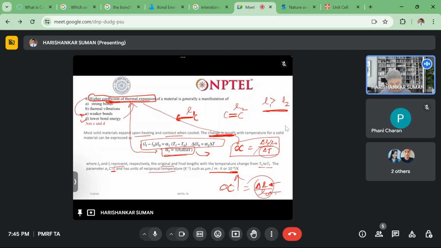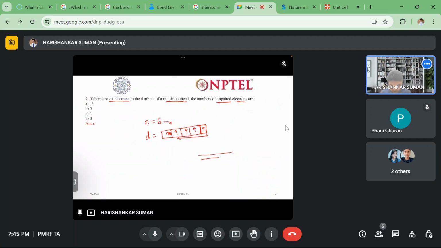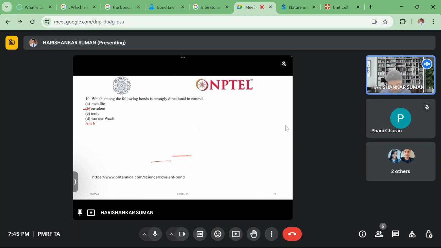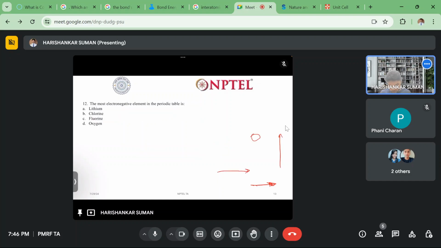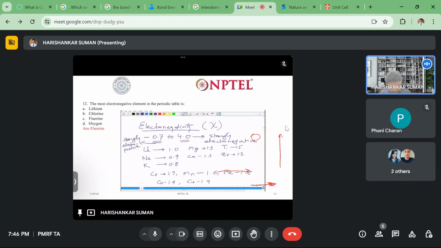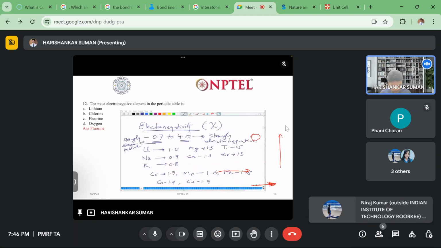This is a simple question about electron distribution in subshells. Then bonds: bond length, types of bonds, and unit cell. Then electronegativity.